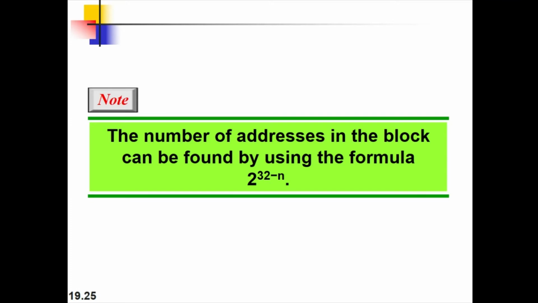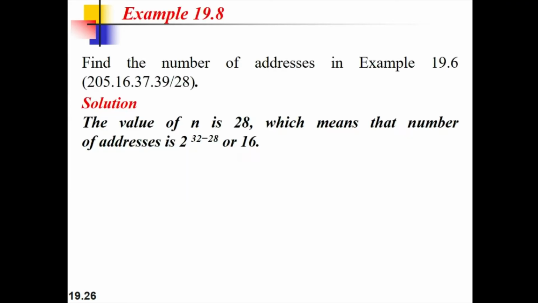The number of addresses in the block can be found by using this formula: 2 to the power of 32 minus n. Okay, example here: find the number of addresses in the previous example. You are given the IP address 205.16.37.39/28. Based on this address, you need to find the number of addresses.